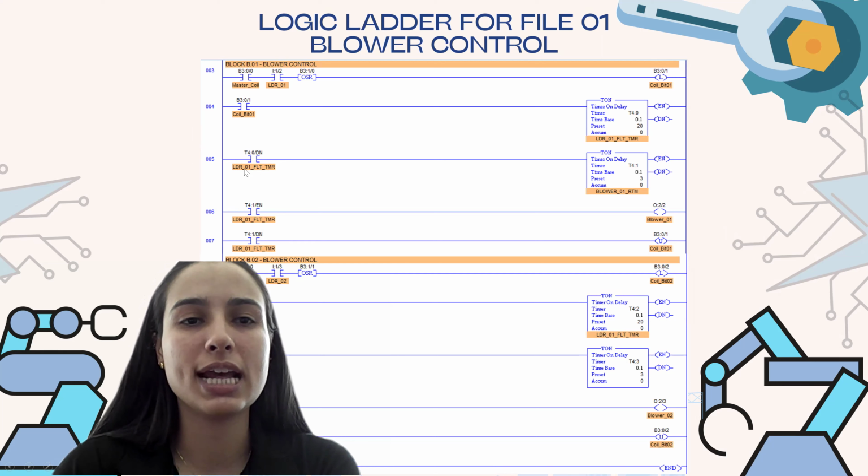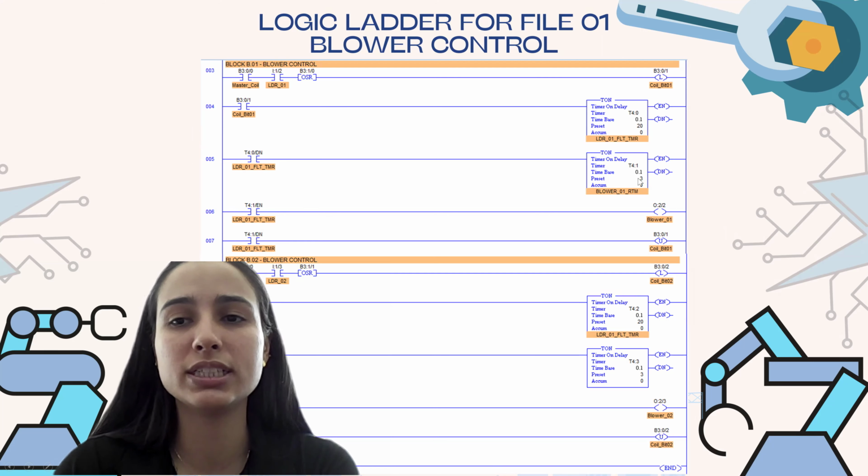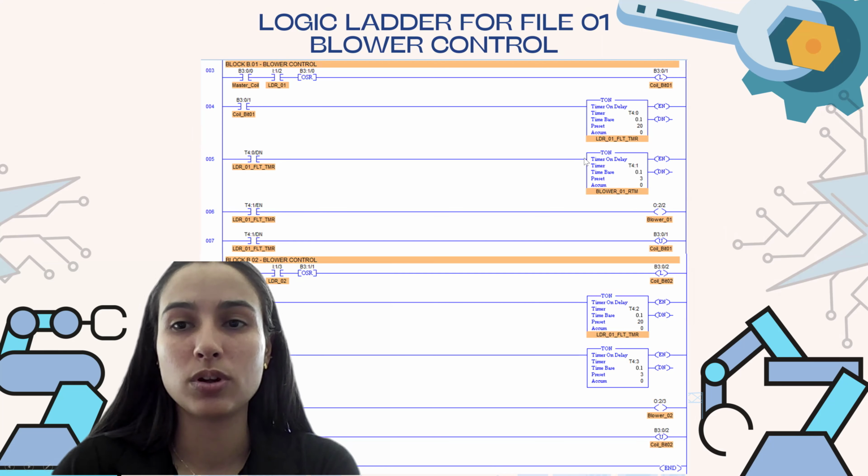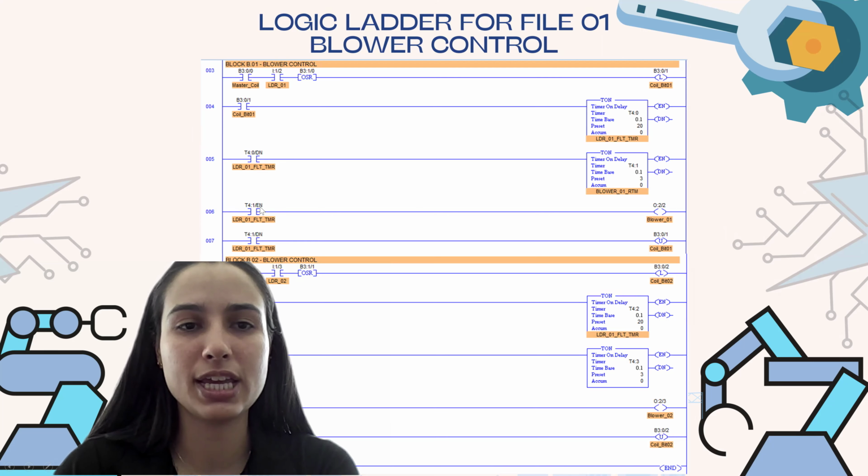This is for the LDR fault timer, which will activate the energizing blower time, which is 0.3 seconds. This 0.3 seconds, the address will be used as the input for our next rung, which will energize our blower.